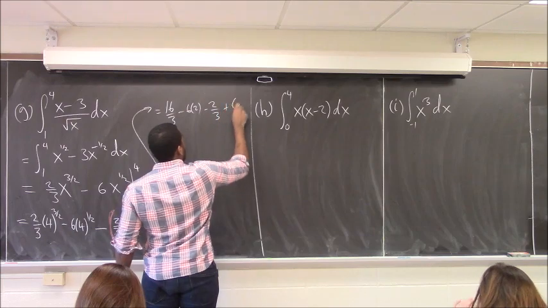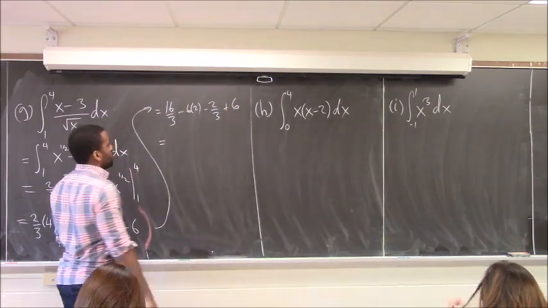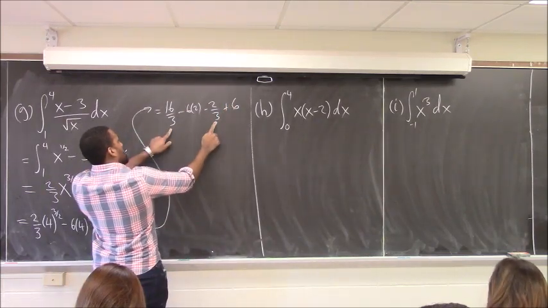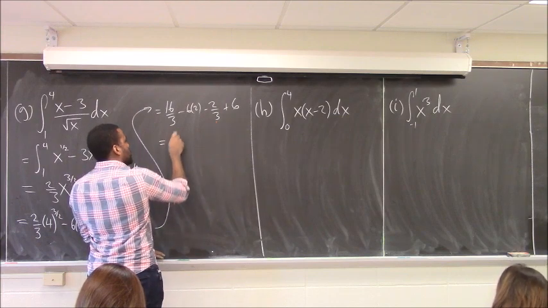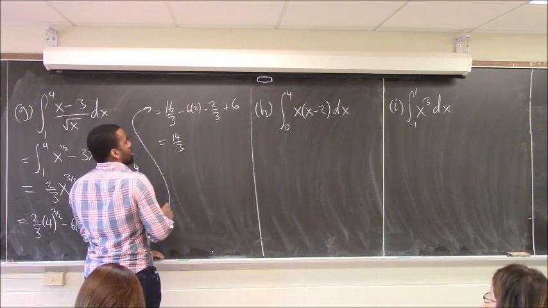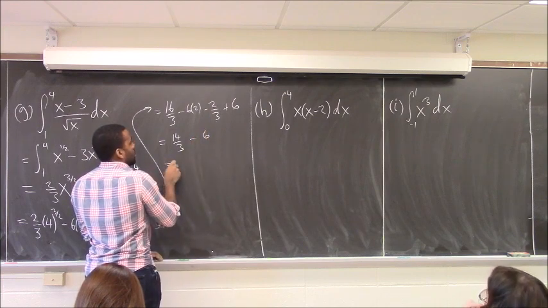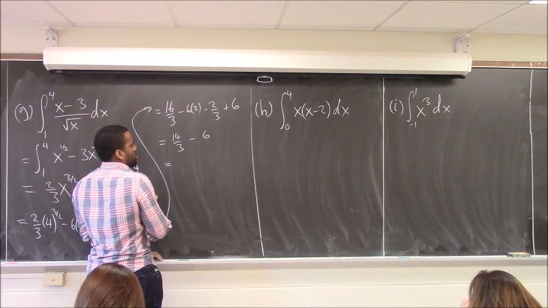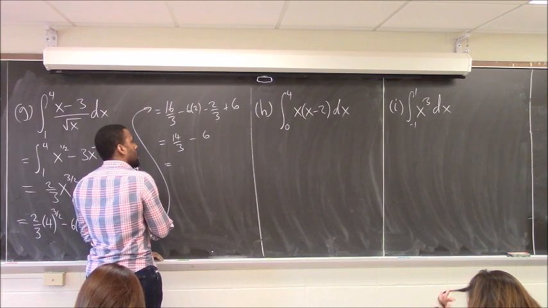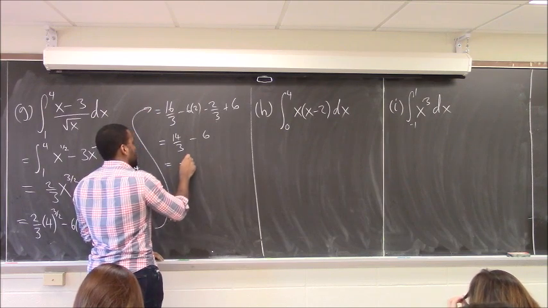And here, this will be plus 6. Here, 16/3 minus 2/3, that's 14/3. Here, I have 6 minus 2 times 6, so that's just minus 6. And 6 is 18 over 3, minus 4 over 3.